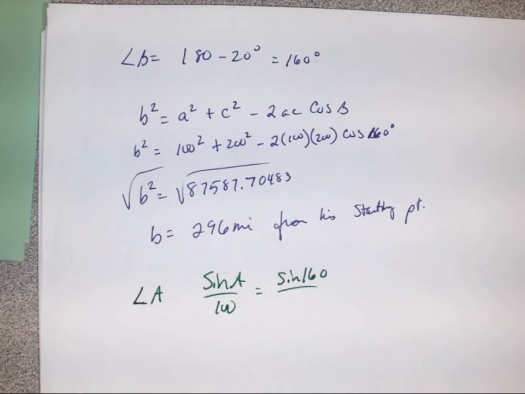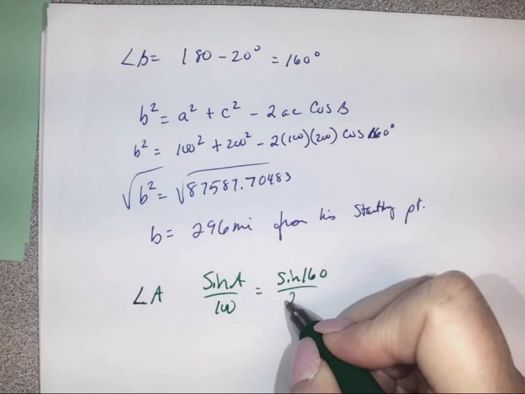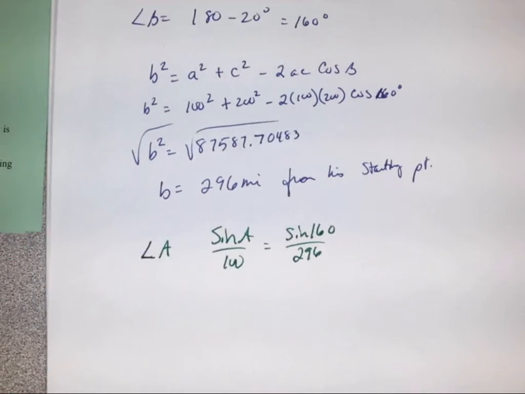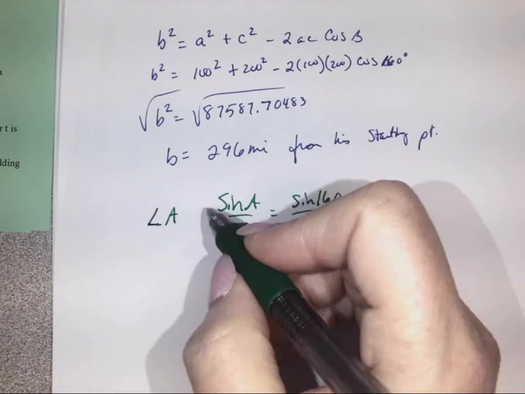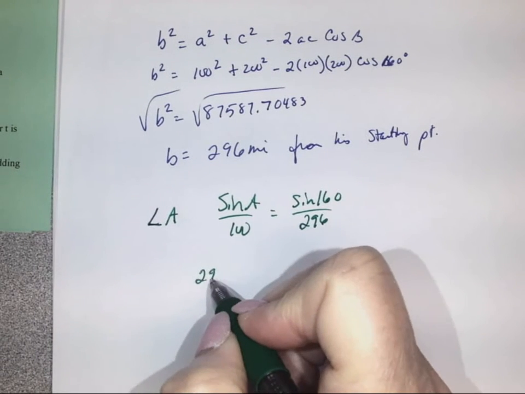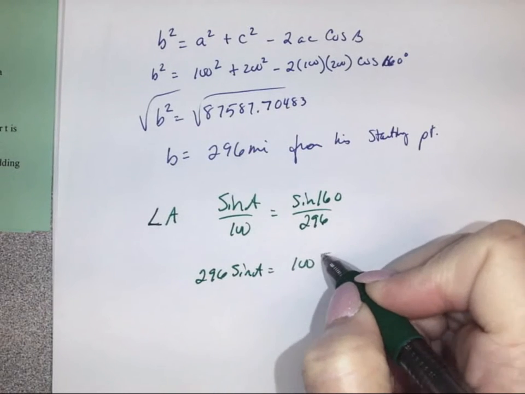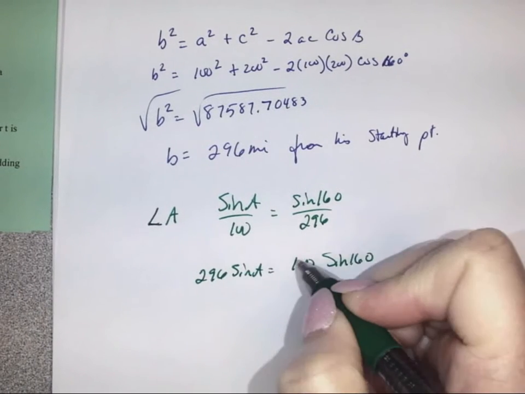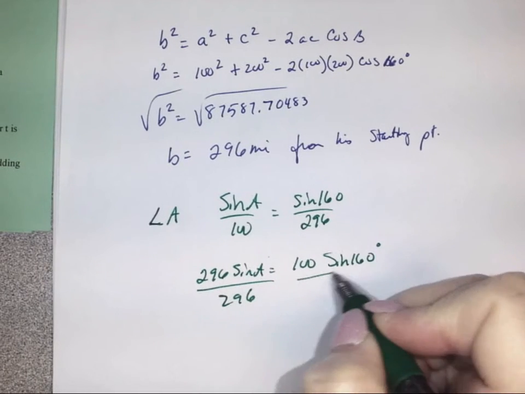So we'll just do 296. Alrighty, so we'll cross multiply. So we have 296 times the sine of A is equal to 100 times the sine of 160, and that's a degree. Divide by 296.